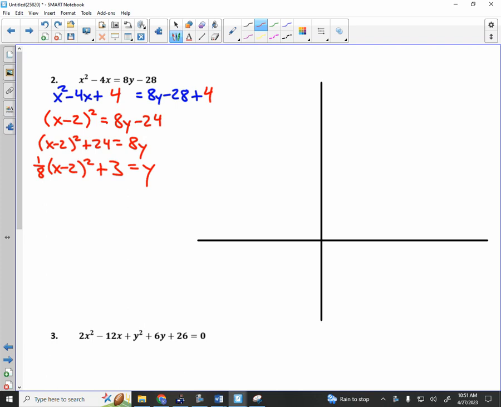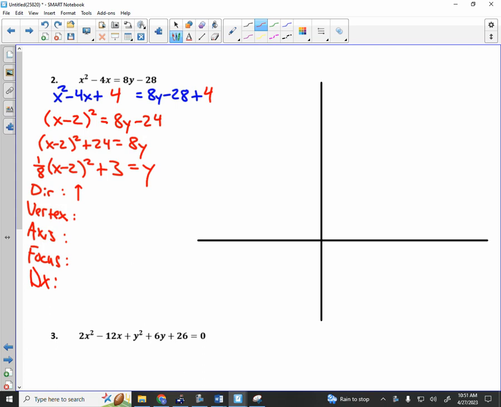Okay, so we know it's a parabola. Does it go up or down or right or left? Goes up, yep. And so we have our direction, which you already established is up. We have our vertex. We're going to have our axis of symmetry. We have our focus. Remember what else?